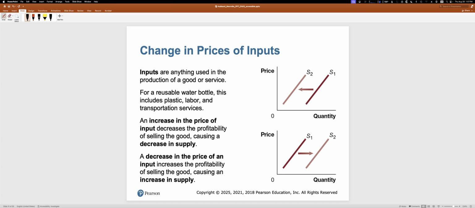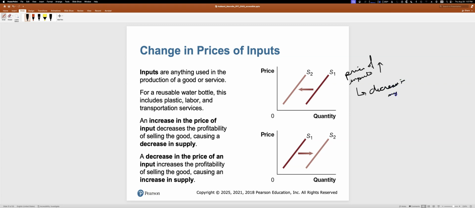And what they meant was that the supply curve was shifting. And more specifically, when the price of inputs goes up, it causes a decrease in supply.